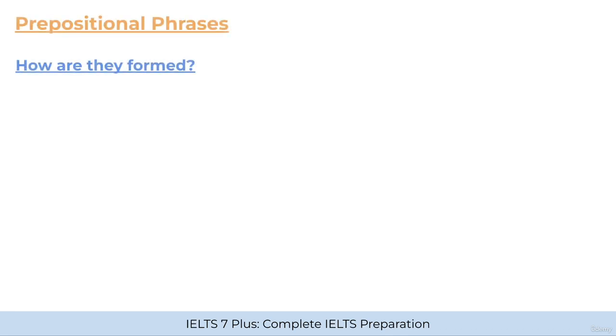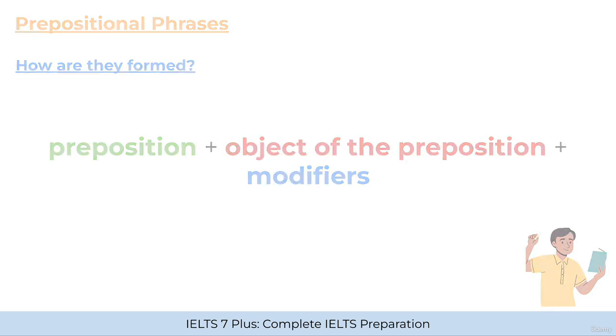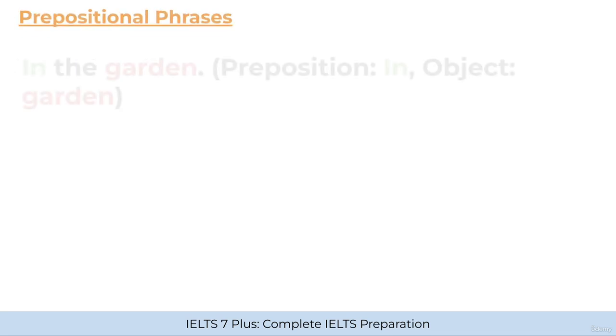Okay, so how are they formed then? Well, we start with our preposition, then we have the object of the preposition. What is the preposition focusing on, in other words? And if there's any modifiers, we can put them in there as well. So of course, we will have a look at some examples that you can then use in your IELTS preparation.